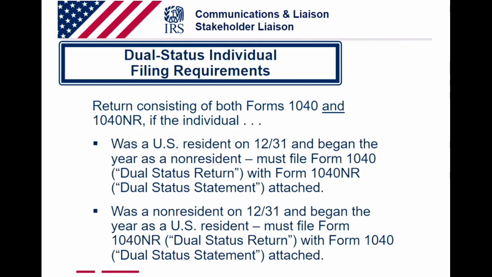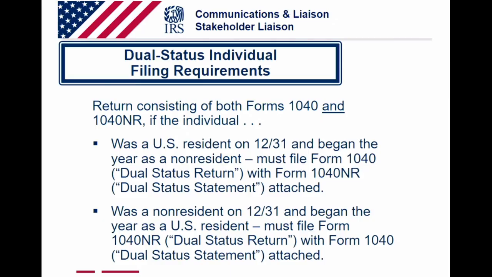So the type of U.S. income tax return filed by a dual status individual depends on whether that person is a U.S. resident or a non-resident at the end of the tax year. And we saw a question in chat about this as well, so hopefully you're listening because here I'm answering your question.